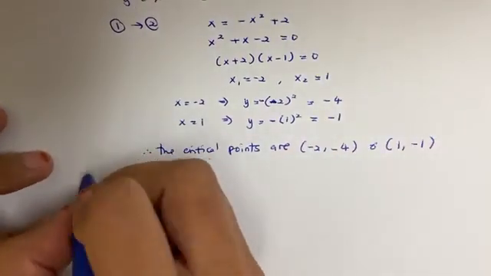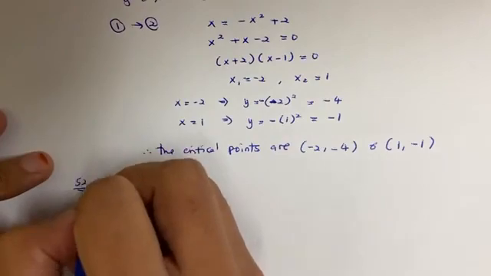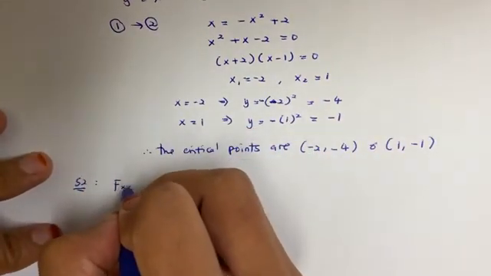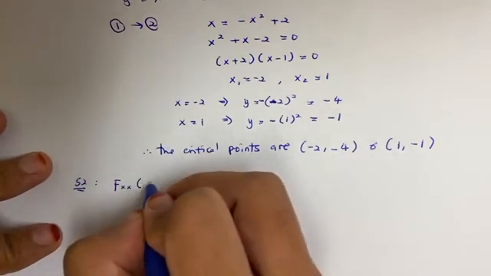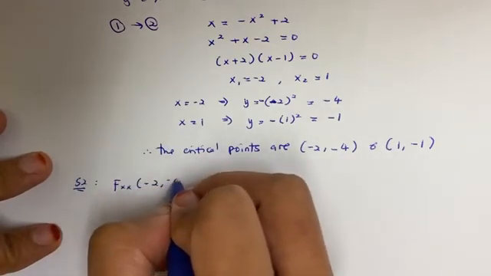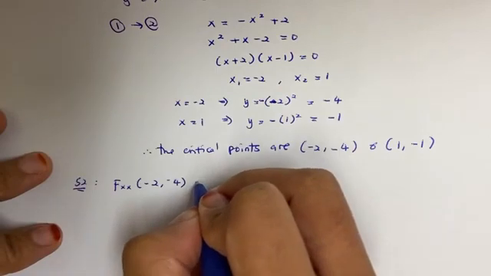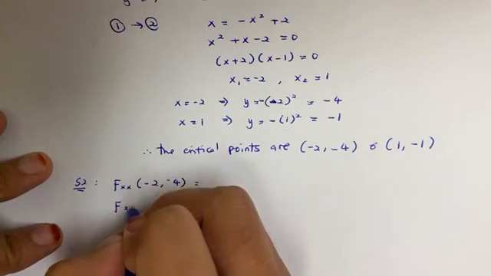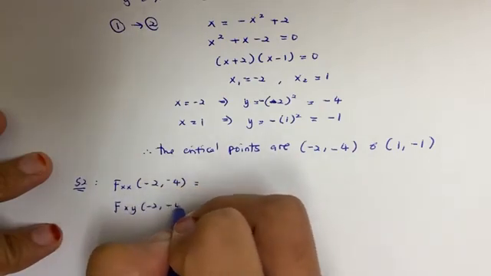Moving to the second step. For the second step, what you need to do is find the value of fxx for your critical point negative 2, negative 4, and then fxy for negative 2, negative 4.